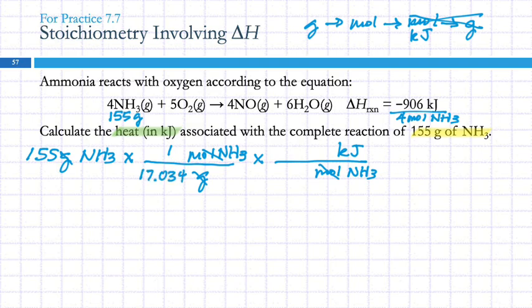I'll just save some time at 17.034. And then here's our new thing, kilojoules per mole. So here's the kilojoules, so negative 906 kilojoules for how many moles? 4, because of the coefficient here.